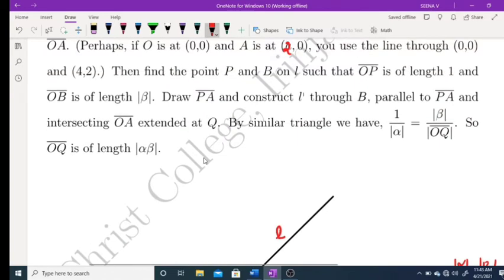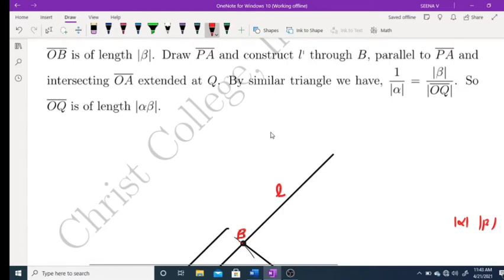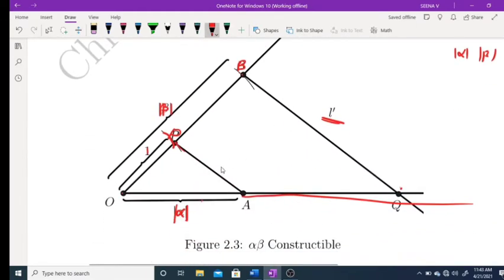Now by similar triangles, which are the similar triangles? If you consider triangle OPA and triangle OBQ, two sides and the angle are the same.